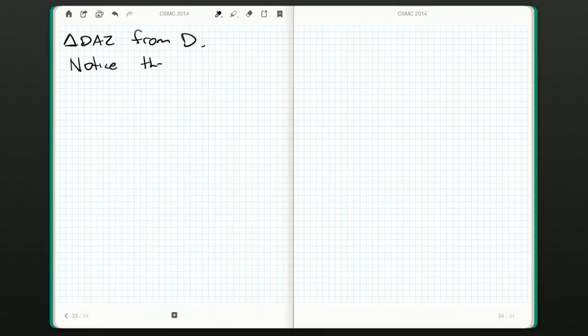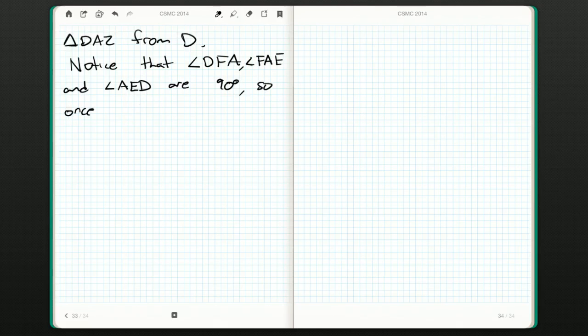So notice that angle DFA, angle FAE, and angle AED are 90 degrees. So once again, we can conclude, just as we did before, DFAE is a rectangle.